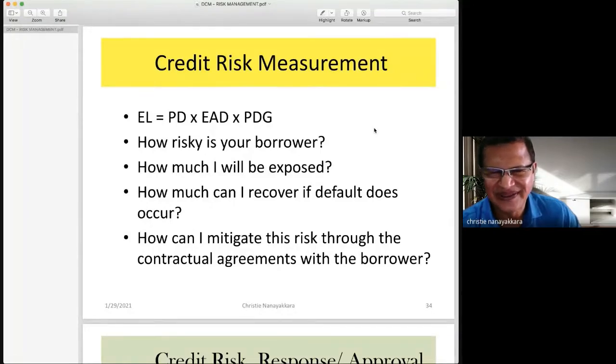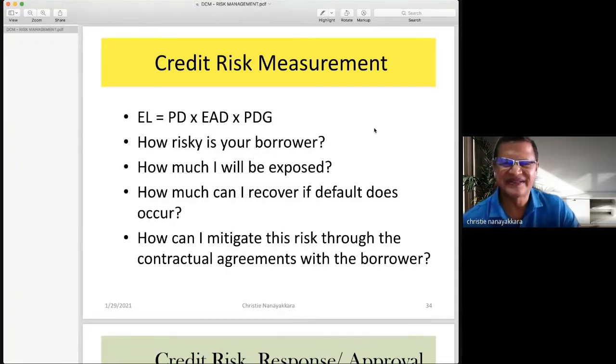You have to write this down. You have a customer whose rating is single A. But in the past, you have given many single A customers a similar type of facility.